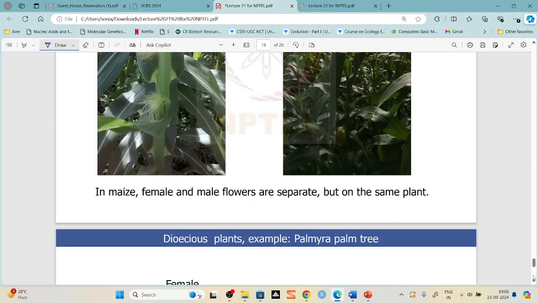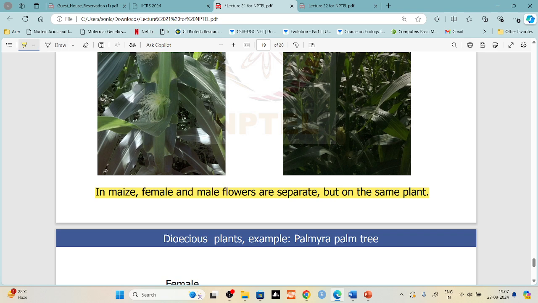And here you see maize: female and male flowers are separate but on the same plant. This is important, that in maize, female and male flowers are separate, but they are present on the same plant.